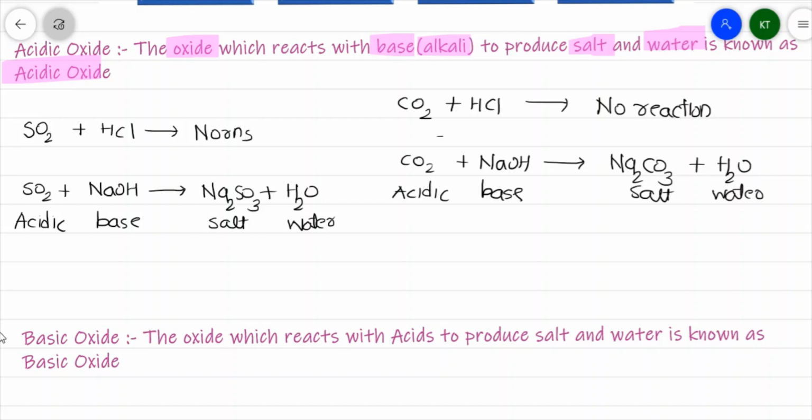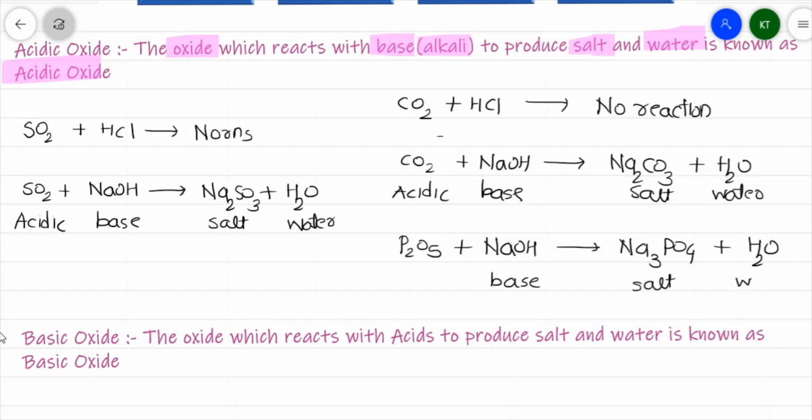On the same ground, I can take P2O5, phosphorus pentoxide. I react with NaOH as well as HCl. I'm just writing a reaction with NaOH to understand the concept. So I have Na3PO4 as a salt plus water. NaOH is a base, Na3PO4 is a salt, and this is water.